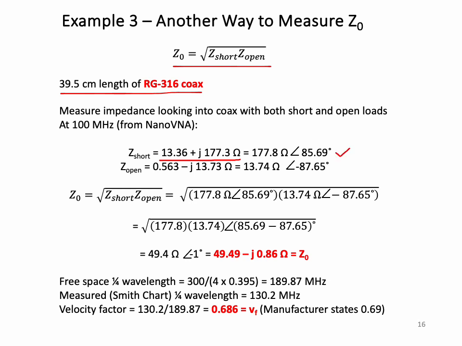I do the same thing for the open circuited piece of coax, and I end up with an impedance of 0.56 ohms with an imaginary part which is capacitive reactive with 13.73 ohms, and magnitude and phase gives me these numbers here, 13.7 at an angle of minus 87. Note that both are complex, and they can be measured quite easily on the nano.